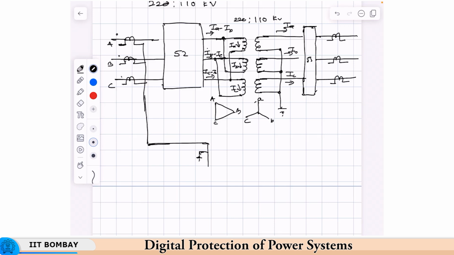Okay, so in these transformers we will have IA, IB and IC. Here we have IA minus IB, IB minus IC, and IC minus IA. So this we will have to connect in star.